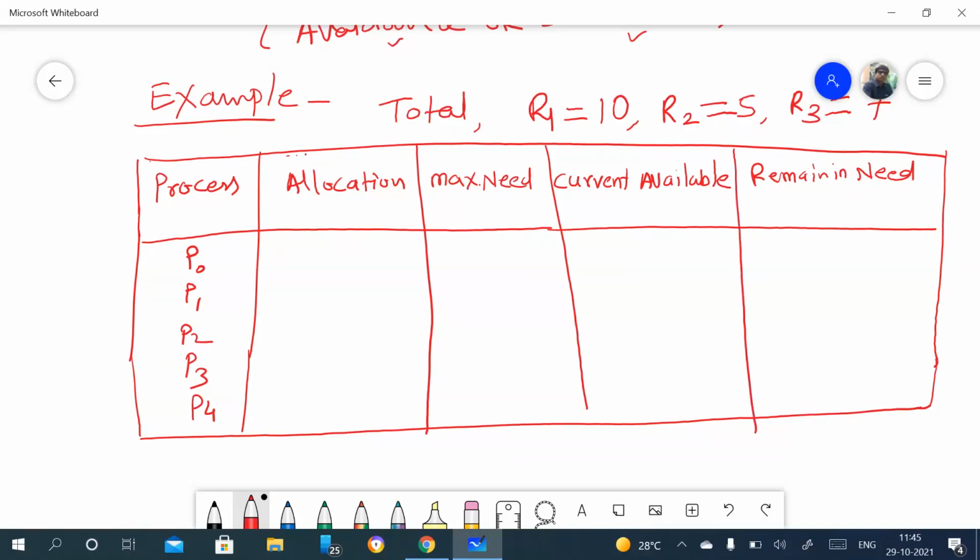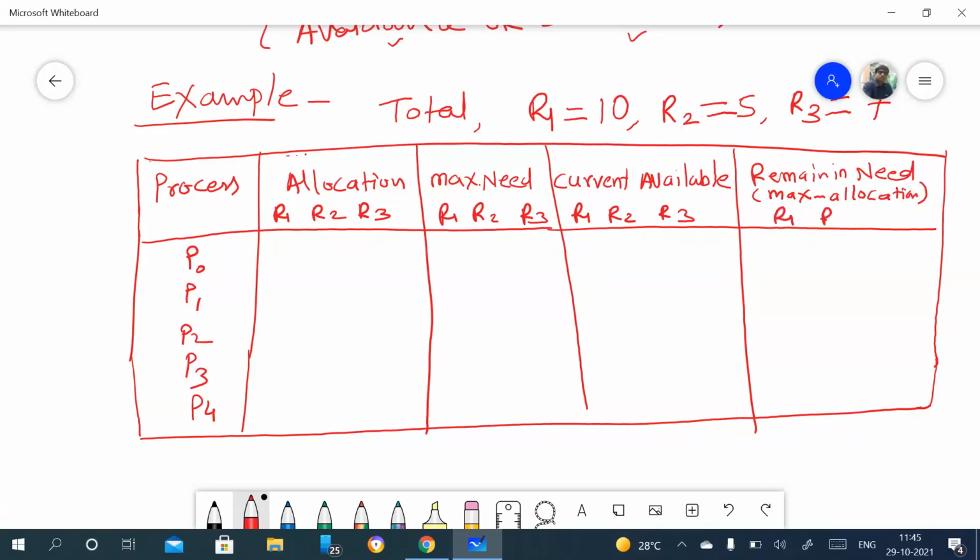Now see, we have three resources: R1, R2, R3. And see here how we can find the remaining need: maximum minus allocation.